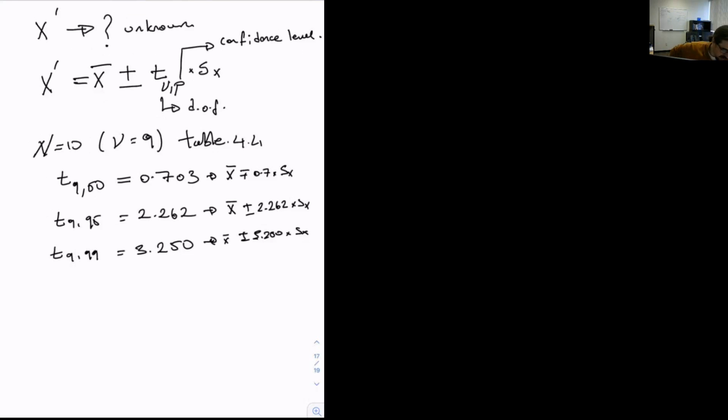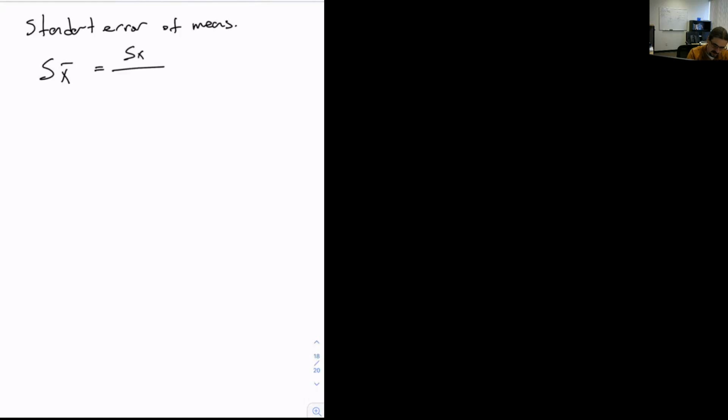The last thing I would like to define is something called the standard error of means, or simply standard error. It's defined as Sx bar, which is Sx divided by the square root of n. The difference is there's a bar on top of x.